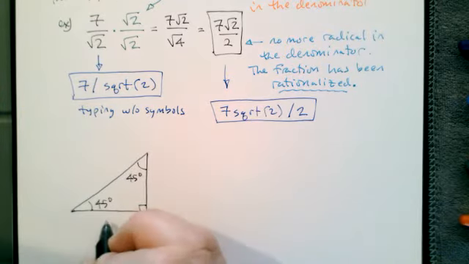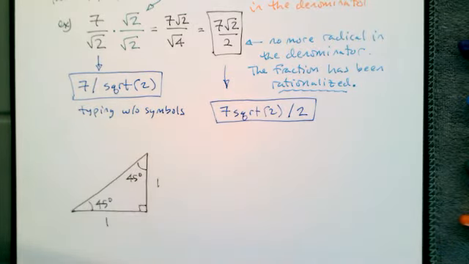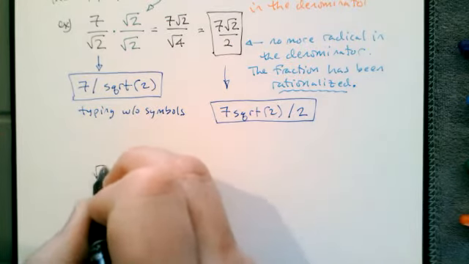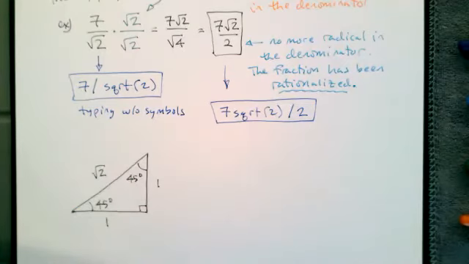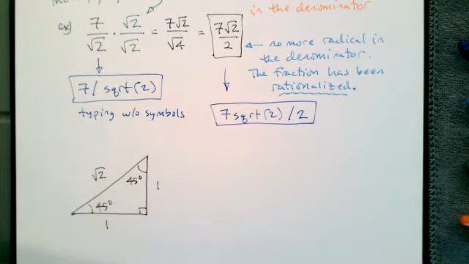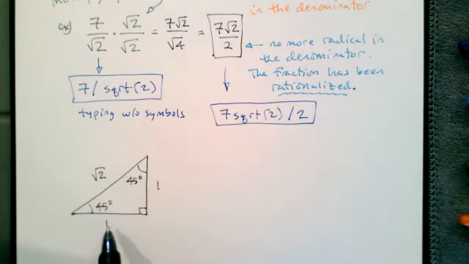And if each of the legs, which are equal, is just given a value of 1, then the hypotenuse will have a length of square root of 2. And because of how similar triangles work, if I multiply these by 10, I multiply the hypotenuse by 10. If I multiply this one by 7 over the square root of 2, then I multiply each of these by 7 over the square root of 2.